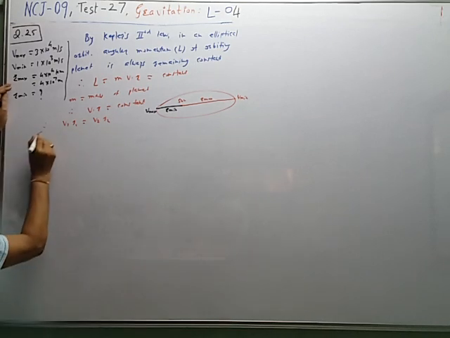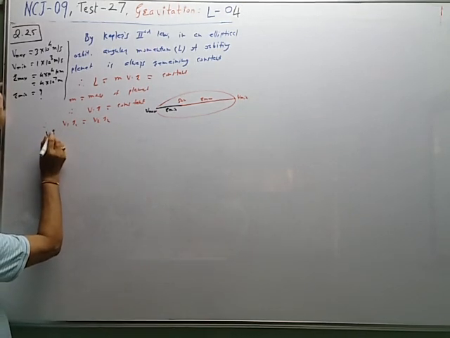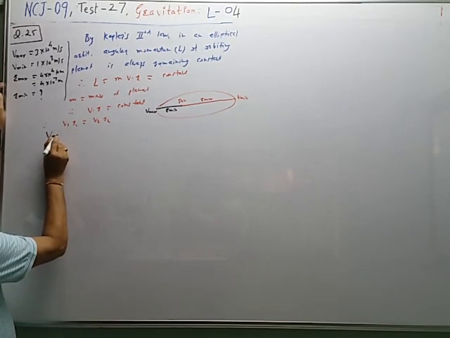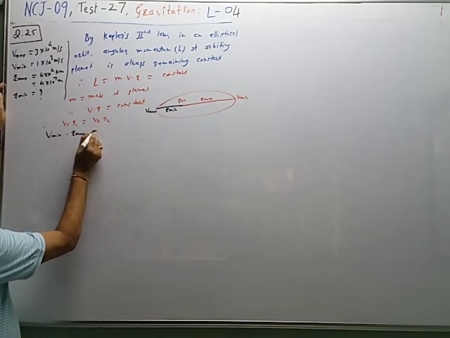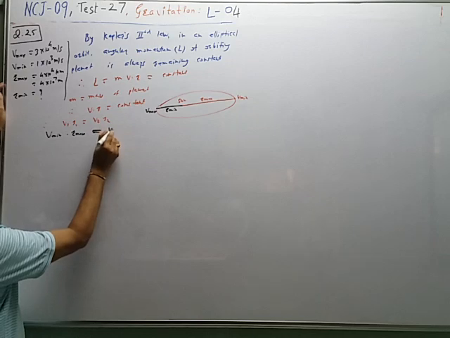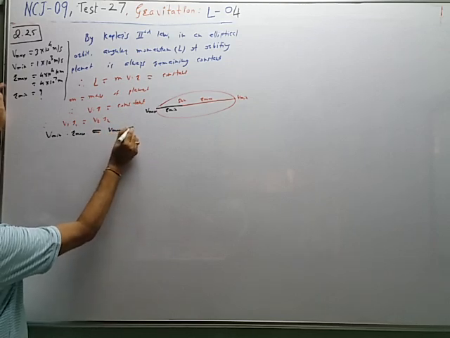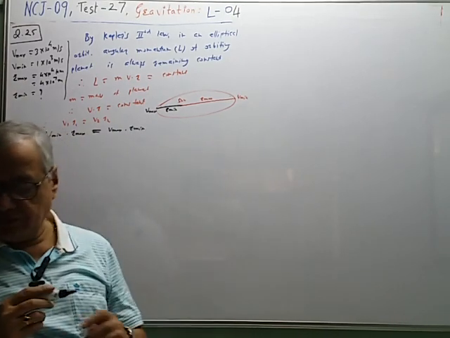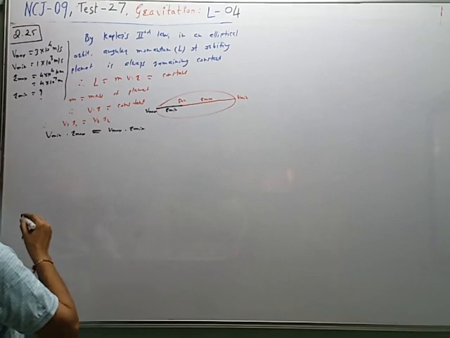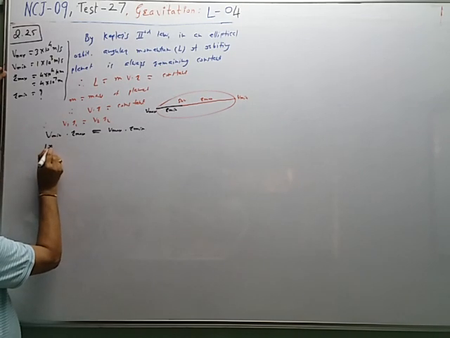So V1 means V minimum, Rmax is equal to V maximum into R minimum. So substitute the values. So minimum velocity is 1 into 10 raised to 3.